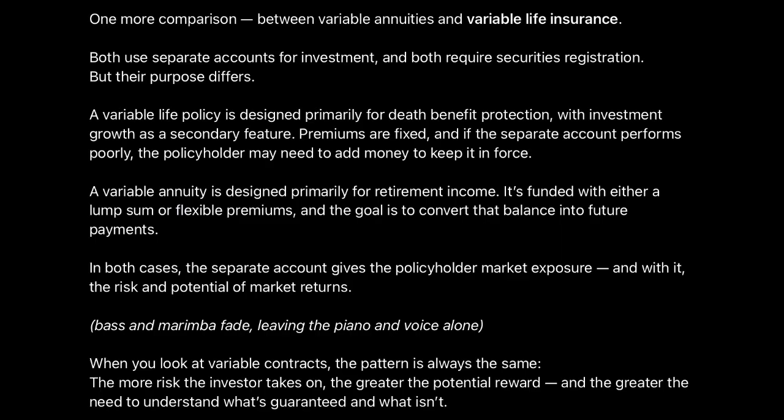Premiums are fixed, and if the separate account performs poorly, the policyholder may need to add money to keep it in force. A variable annuity is designed primarily for retirement income. It's funded with either a lump sum or flexible premiums, and the goal is to convert that balance into future payments. In both cases, the separate account gives the policyholder market exposure, and with it, the risk and potential of market returns.